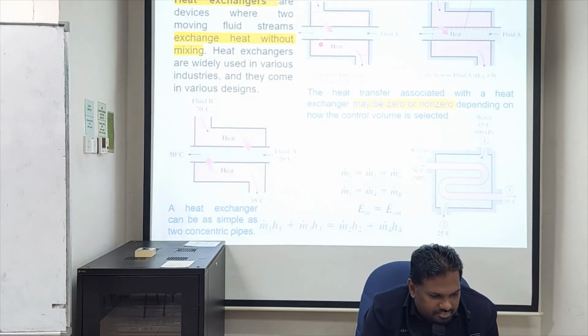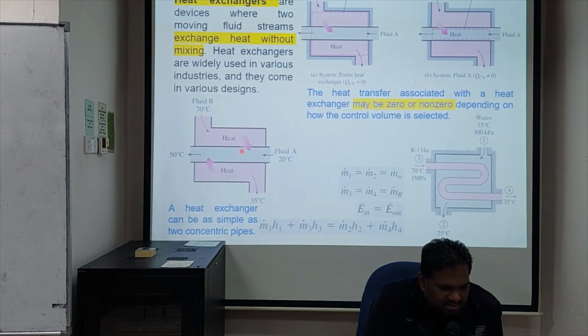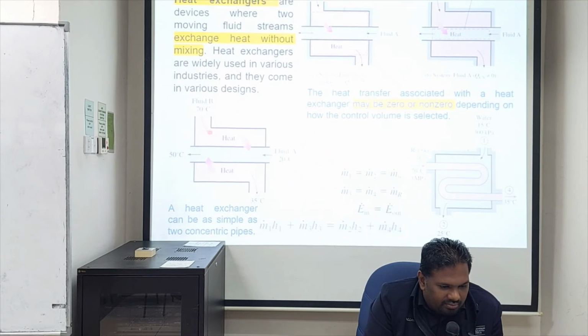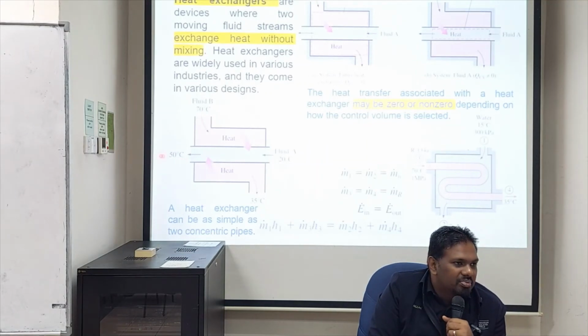Okay, cool down. So ataupun dekat sini, so boleh tengok fluid B is 70 degrees Celsius and fluid A is 20 degrees Celsius. So dari fluid yang panas, so heat will be transferred to this fluid. So from here 20 degrees Celsius, waktu dia keluar tu dia dah jadi 50 dah, because the heat is transferred.